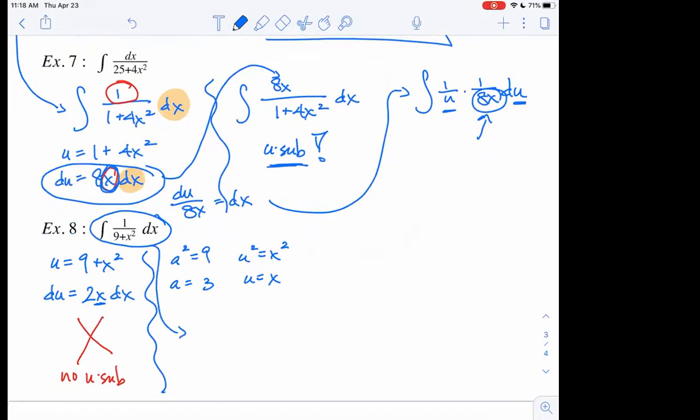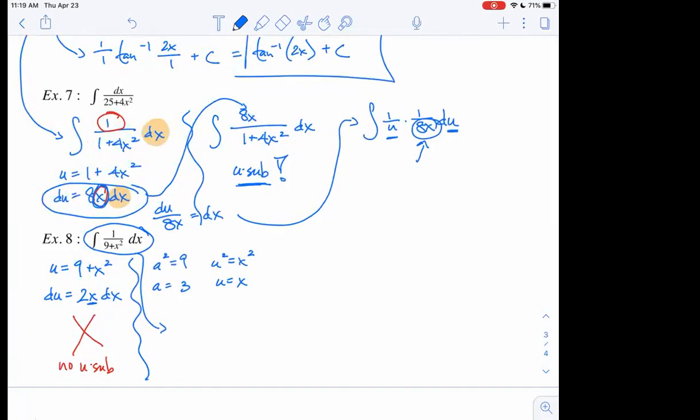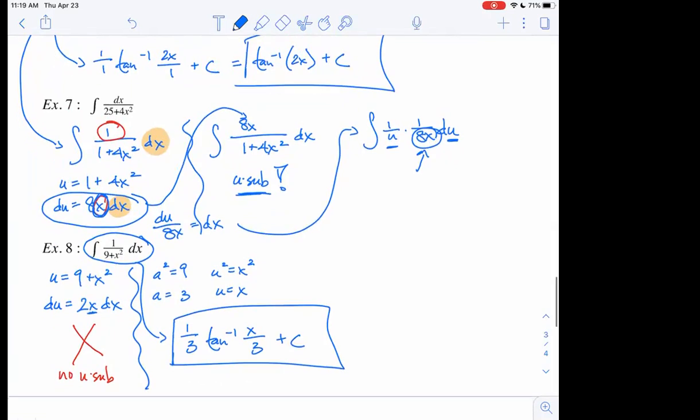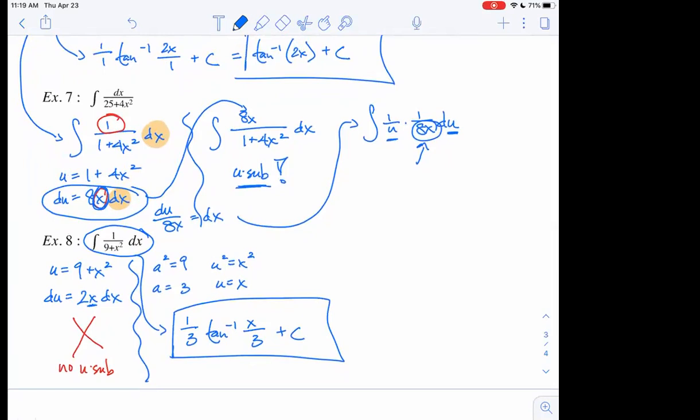And we're able to identify our A, and we're able to identify our U. So that's going to give us 1 over A, the arctan of U over A plus C. Okay. Any questions about number 8?